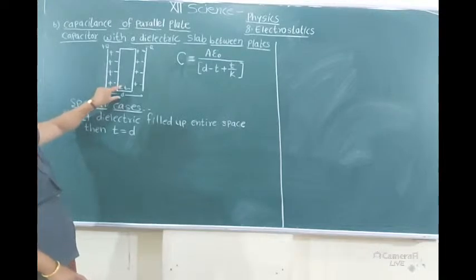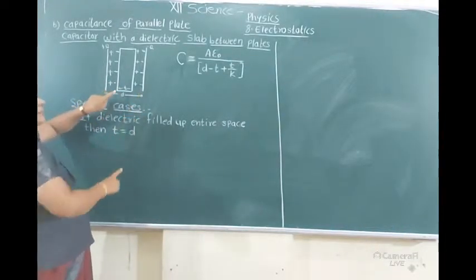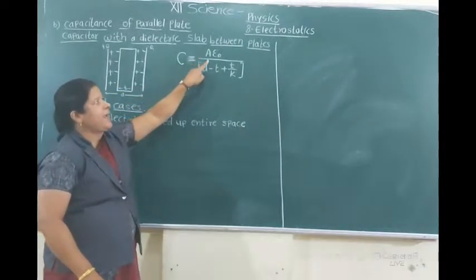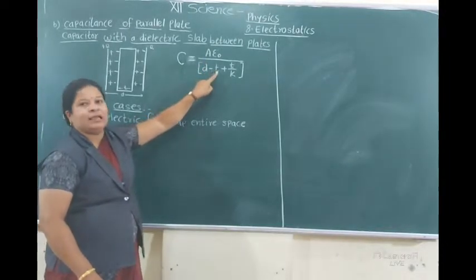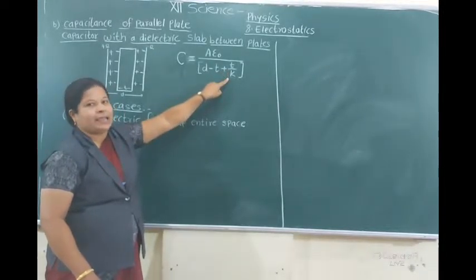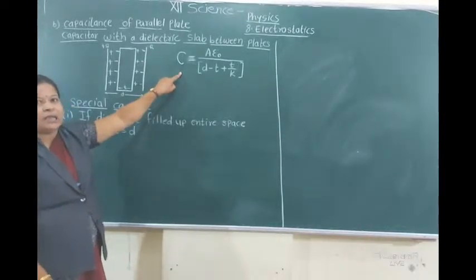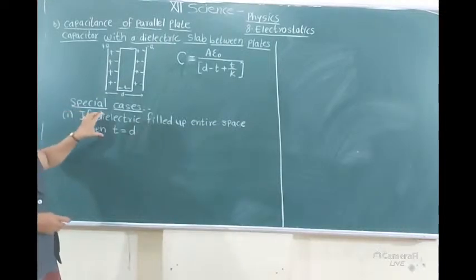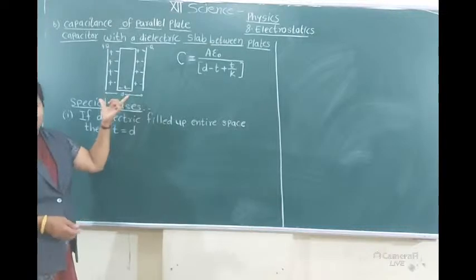For this dielectric slab we get the capacitance of these two conducting plates as C is equal to A epsilon 0 divided by D minus T plus T divided by K. In the previous lecture we got this equation. Now today we have to see some special cases about this parallel plate capacitor.